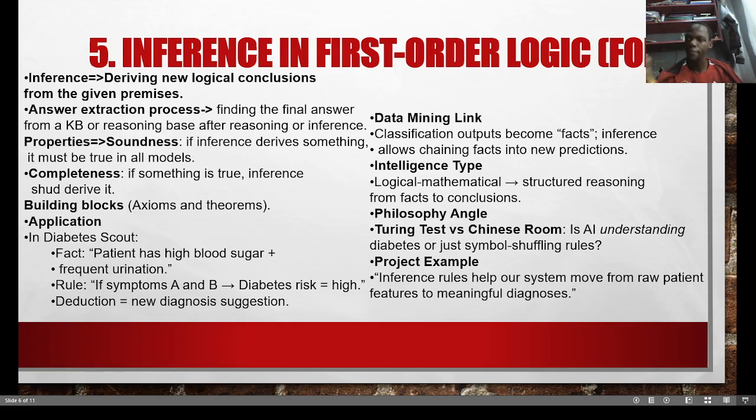So if a system extracts 9 and 10, I can say that it is sound, because all the values extracted are true. But it is not complete because there are some values it has not extracted, yet they are within the desired range.